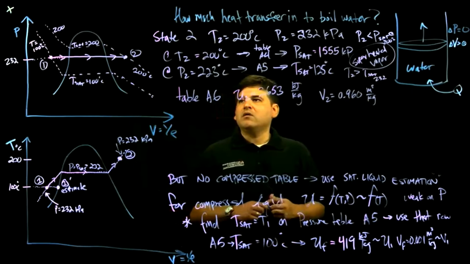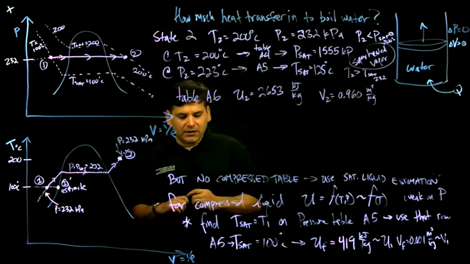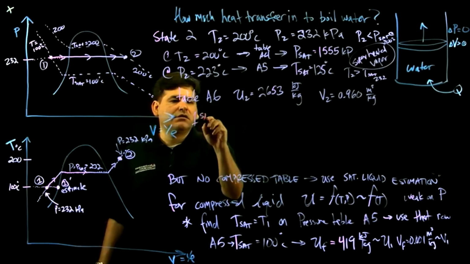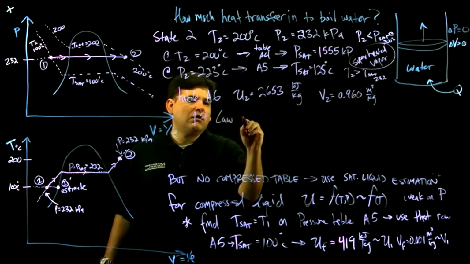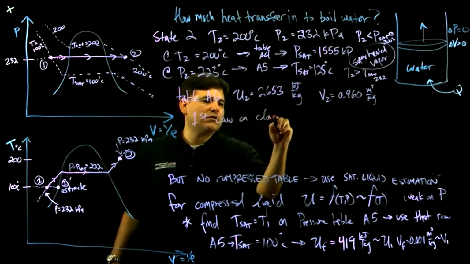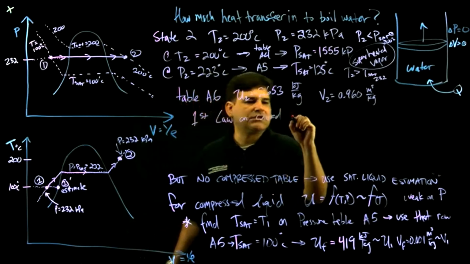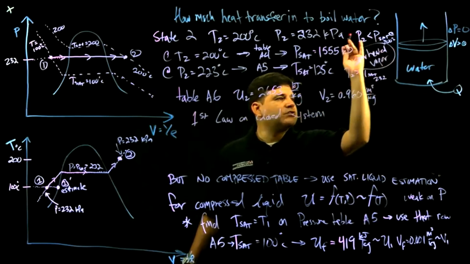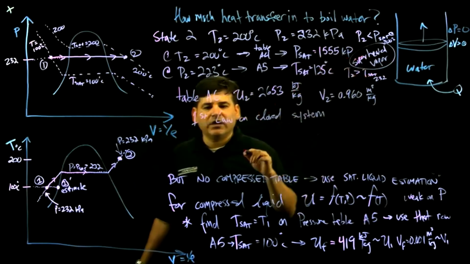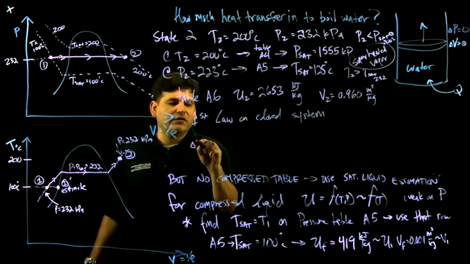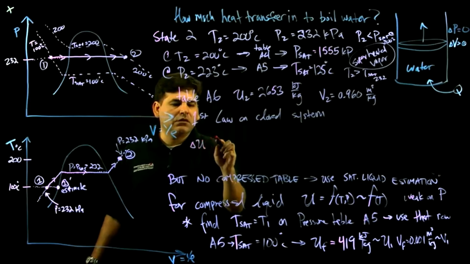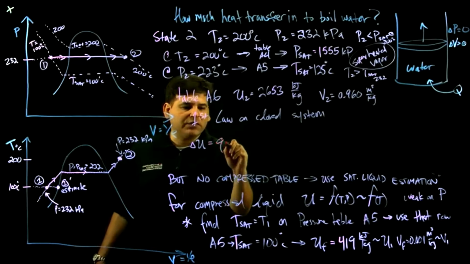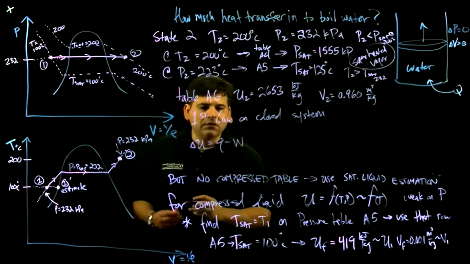Okay, so we have the values. Now what? Well, let's use this in the first law. The first law on a closed system. It's closed, there's no reactions, so let's write the first law in terms of delta U. And there's no kinetic energy or potential energy change, so it's simply Q minus W. First law.